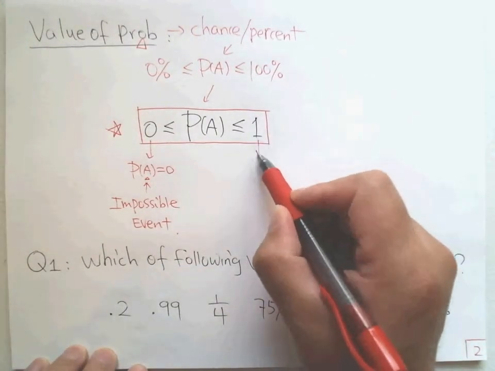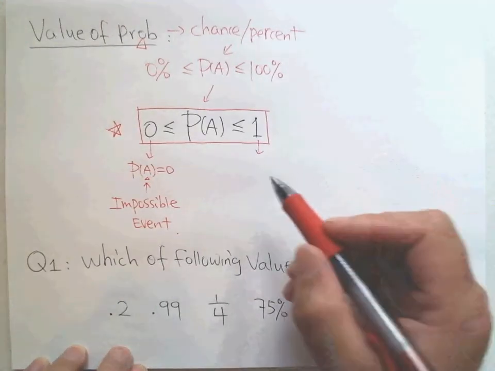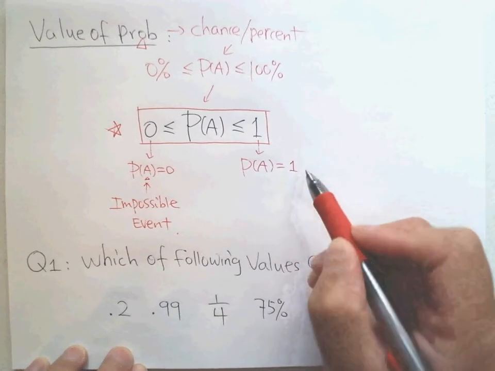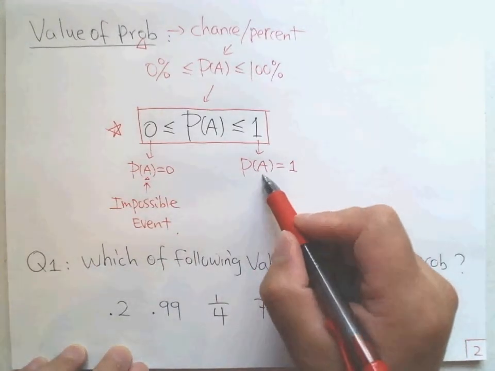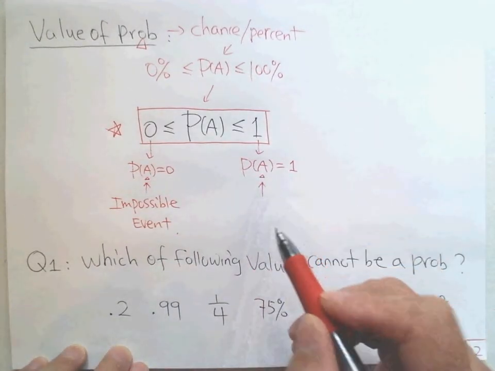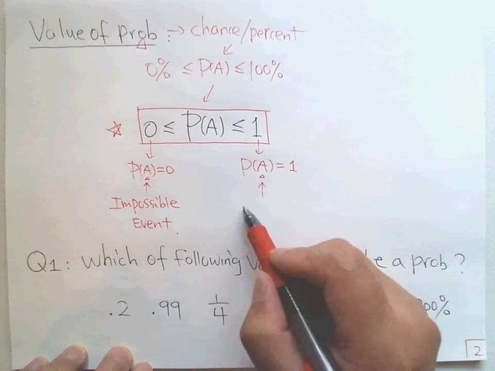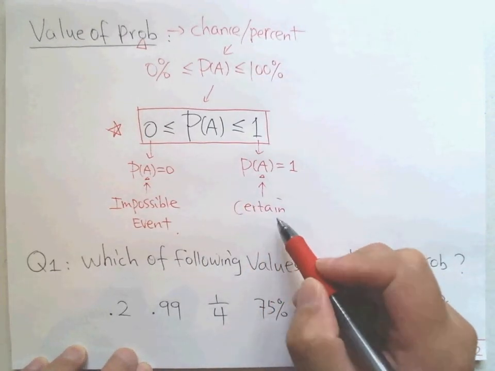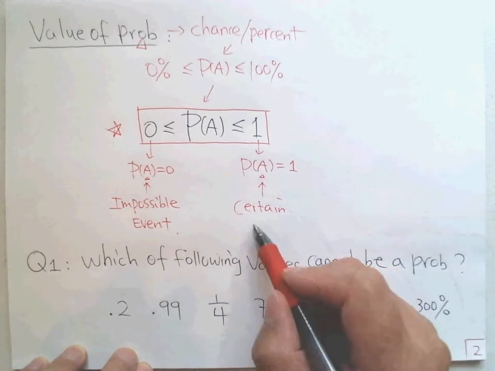And another, we look at this extreme, number 1, the maximum probability. If an event has a probability equal to 1, it means 100% will happen. For this event, we give a name. We call it the certain event. Okay, this event is certain to happen.